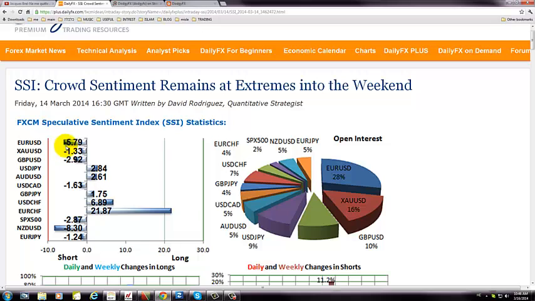It's minus 5.8, which means there are 5.8 traders who are short against each trader who is long. This is an extreme reading, but the most extreme reading on the USD pairs is the New Zealand, and it's about 8.3 traders who are short against every trader who is long.